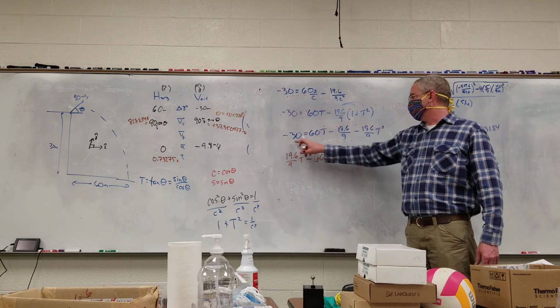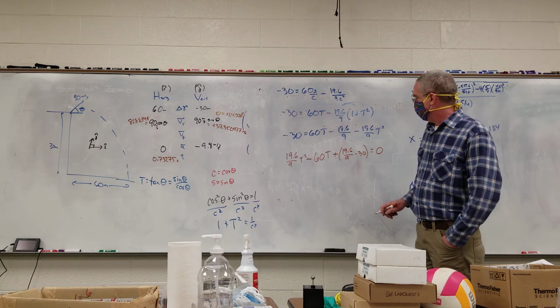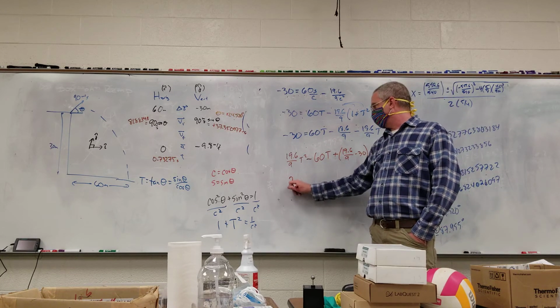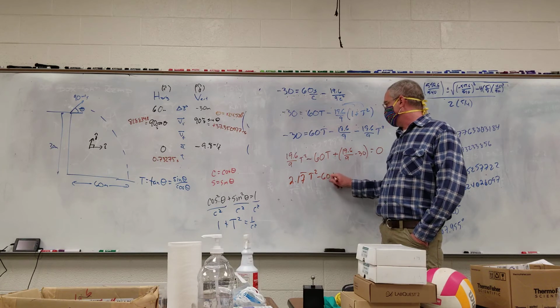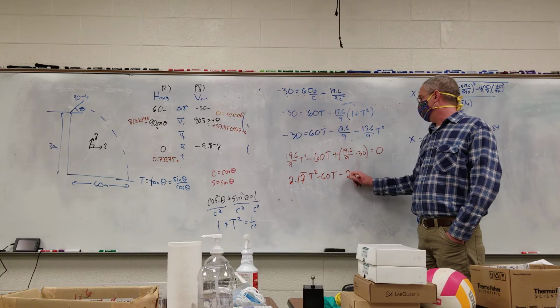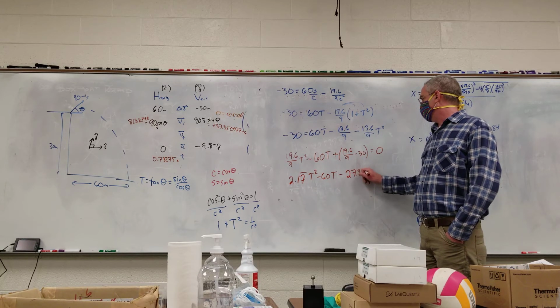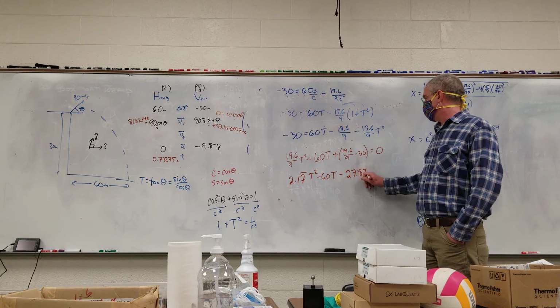Again, added this to both sides, added that to both sides, and subtracted that from both sides. So this is 2.17 repeating times T squared minus 60T minus 27.82 repeating.